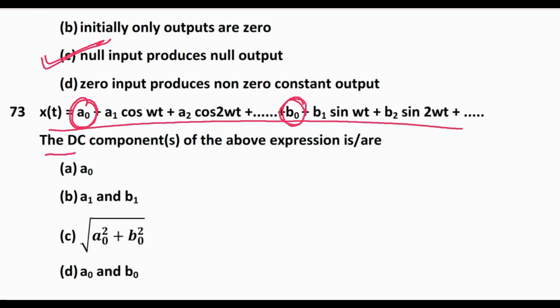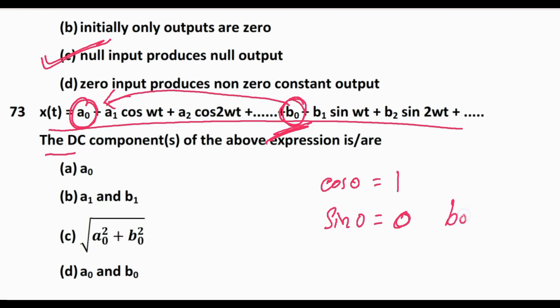So in the case of B0, this should be added to this one, and this should be one component, because in the case of cos, this is possible: frequency will be 0 and cos 0 will be 1. But in the case of the sine term, sine 0 will be 0. So the B0 term should not be present in this question, but here B0 is given, so we have to consider both.